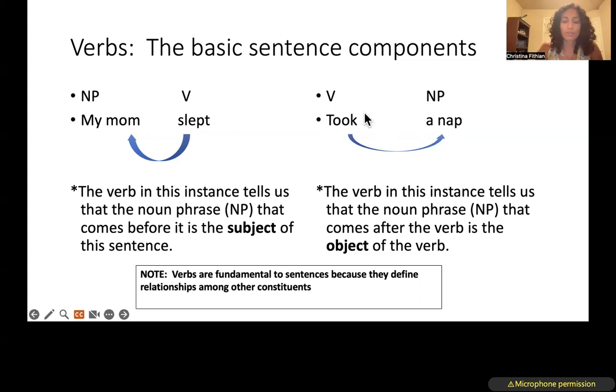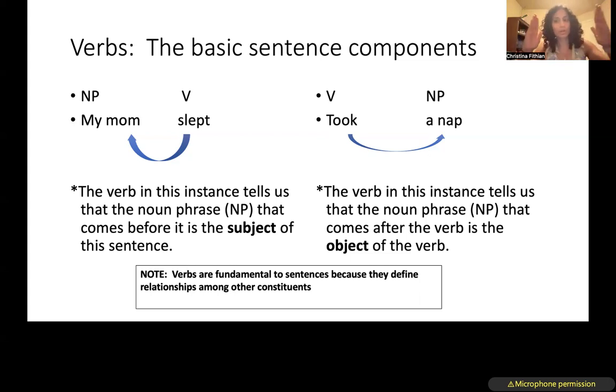Now, if we look over here on the other side, we see this verb take, in past tense took. So the verb in this instance tells us that the noun phrase that comes after it is the object of a verb. It's a type of verb that requires an object. And there are only 3 types of verbs that require an object. So that narrows down the list from the original 6 that I showed on the previous slide.